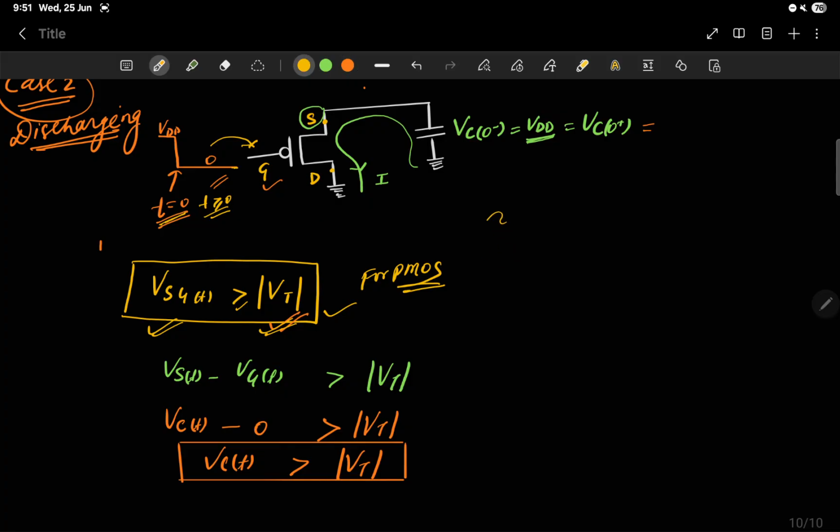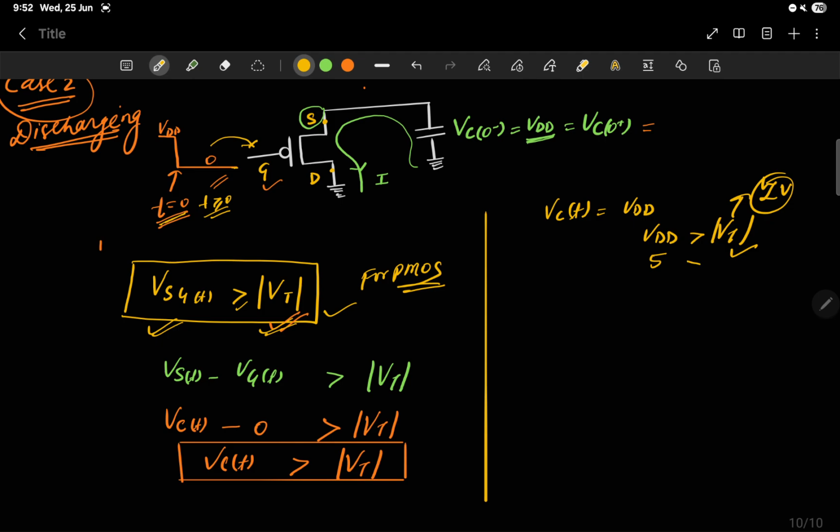Suppose Vc(t) was VDD, and this VDD is always greater than Vt. This is 5 volt, and let's say Vt is 1 volt, as I have already told. This condition is holding true, so my capacitor will discharge.